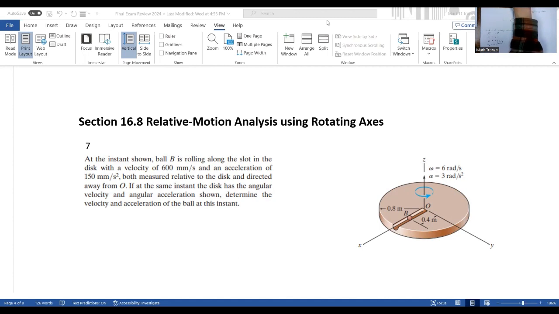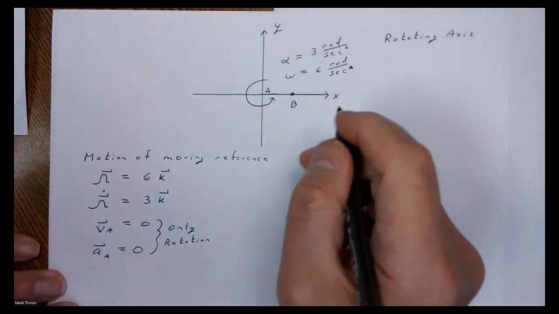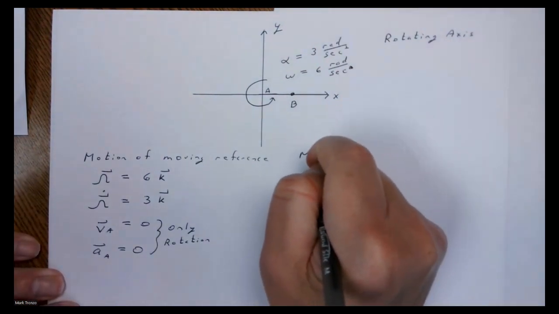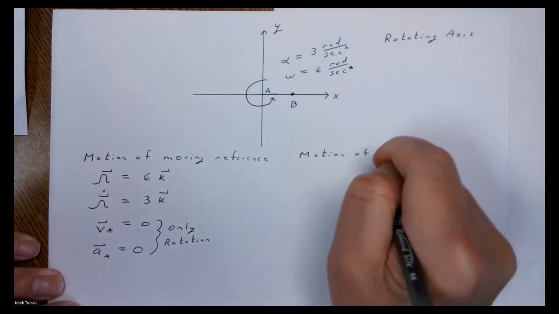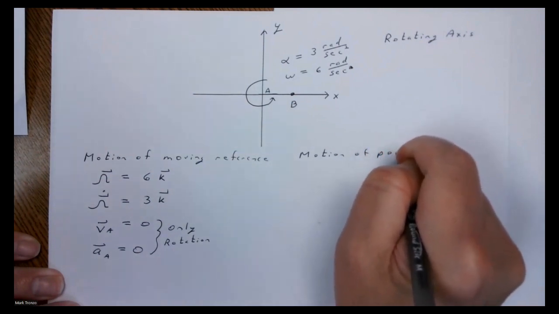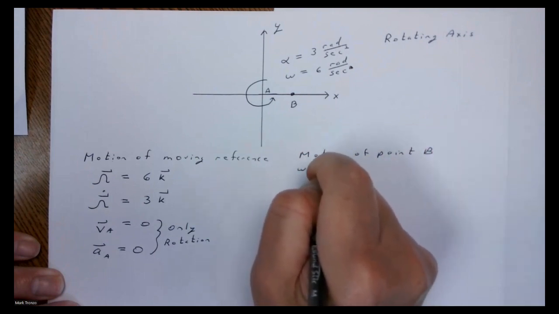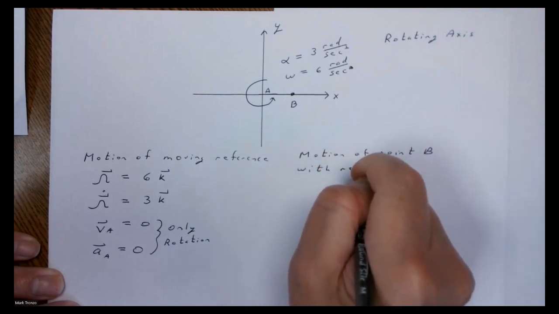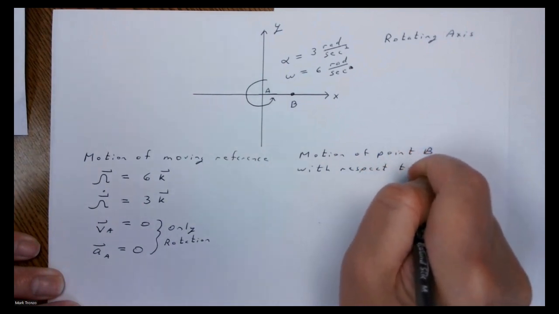And so that's going to be our other column. And so we'll call this motion of point B with respect to the moving reference.